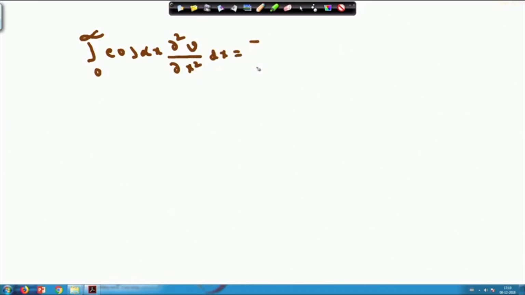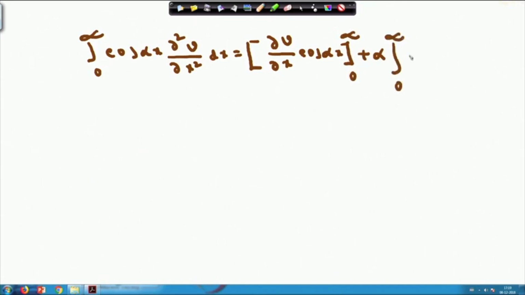This is again, in the same way, using integration by parts, I can write this as del v del x into cos of alpha x from 0 to infinity plus alpha into 0 to infinity sine of alpha x into del v del x into dx.